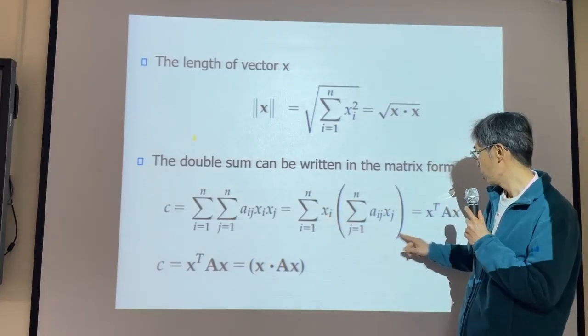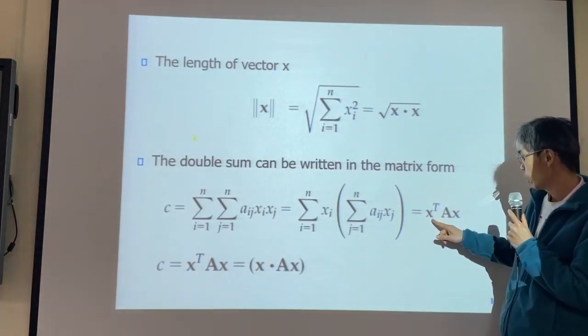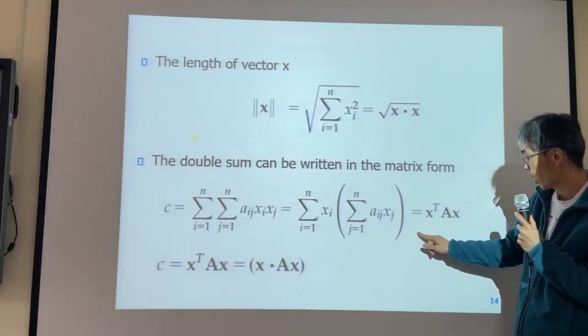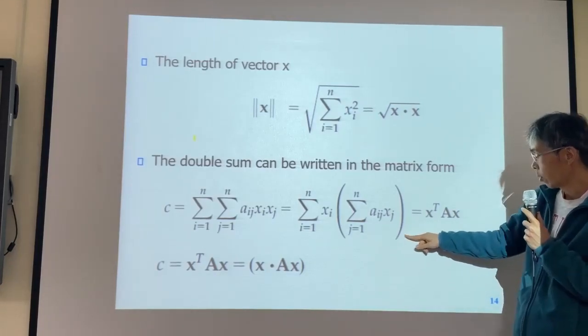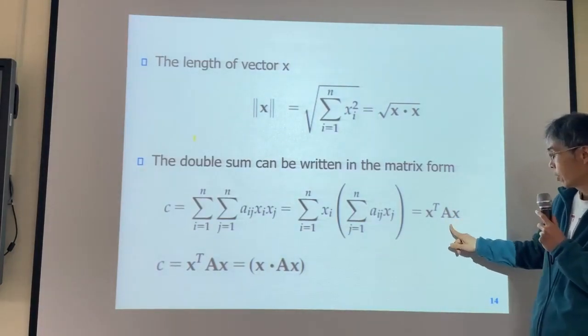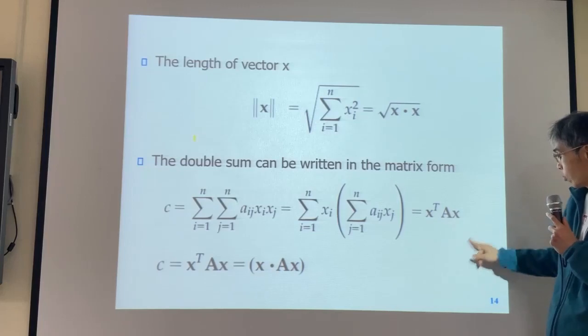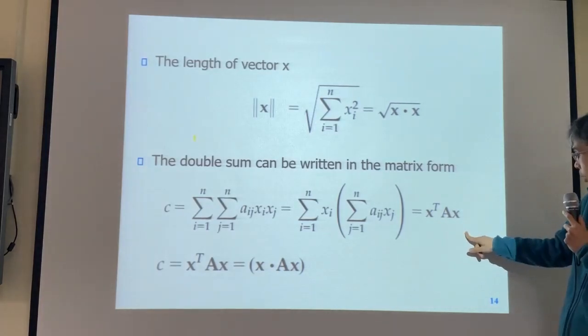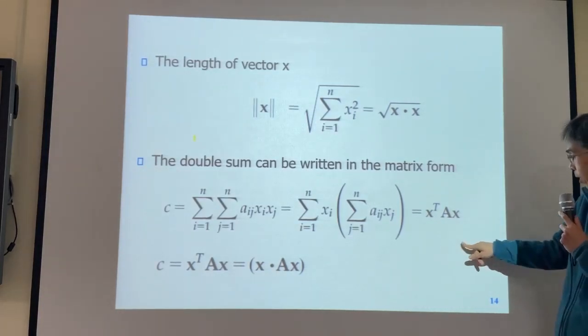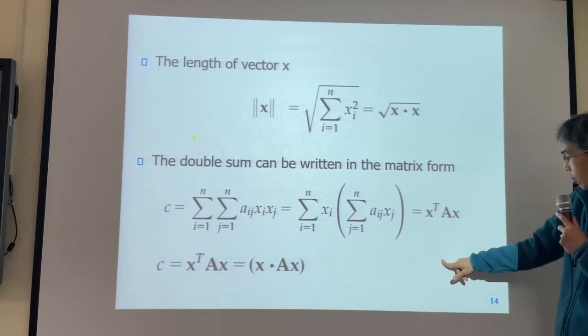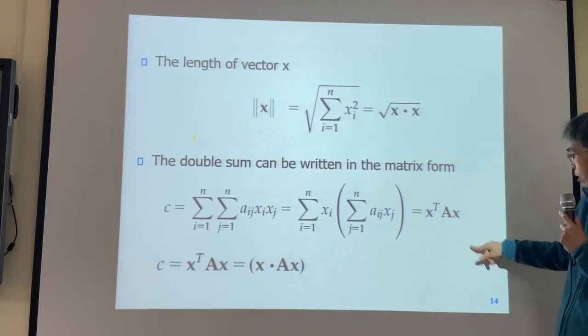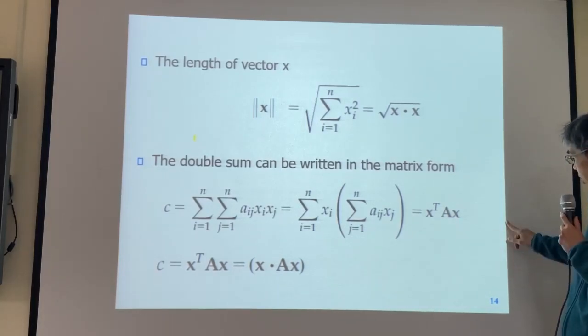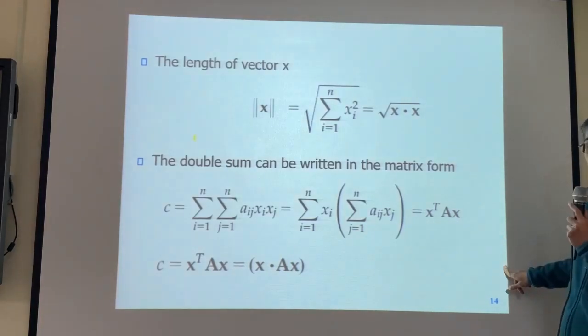X1. For this one, see, X transpose is X1, X2, X3, a row vector, and A is a 3 by 3 matrix, A11, A12, A13, A21, A22, A23, A31, A32, A33, and X is a column vector X1, X2, X3.